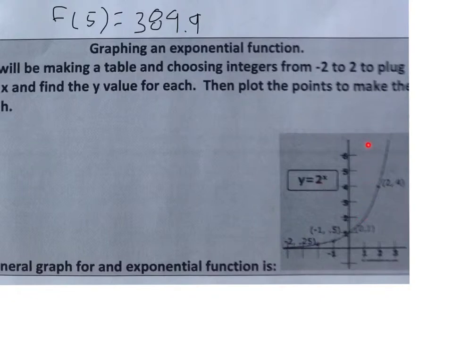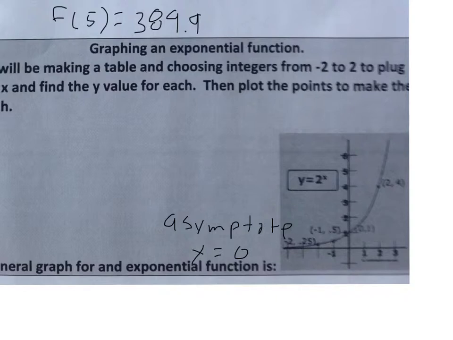But in this case, y equals 2 to the x, you get what's called an asymptote. And it's spelled like this. Asymptote. And that would be the line y equals 0, or the x-axis in this case. Now that can change depending on how this graph shifts.